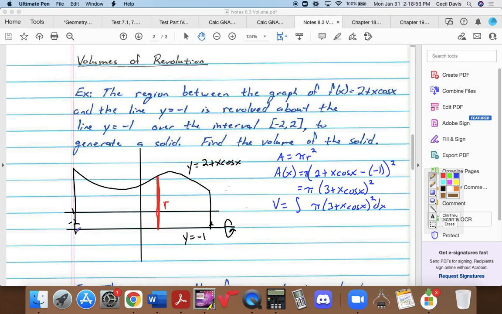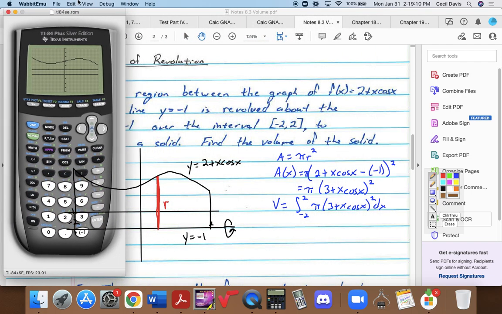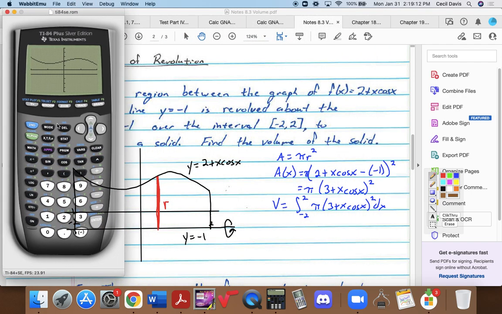And we're starting our slices at x is -2, and we're stopping at x is equal to +2. So let's see, Math 9, from -2 to 2.